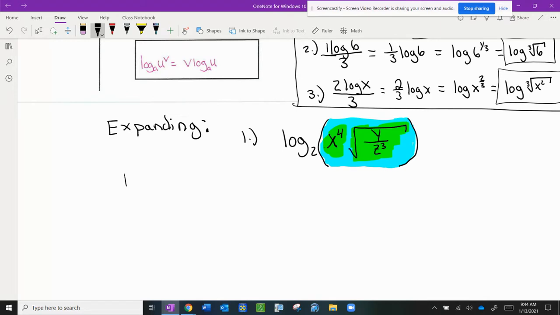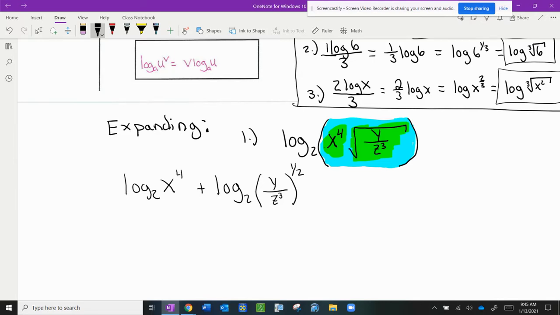So I'm going to write log base 2 x to the 4th plus log base 2. Now when I write this next problem, instead of using a radical, I'm going to use my power of a rational power. So this is a square root, so this is raised to a half. So when you're expanding, you want to write all your radicals as rational exponents.